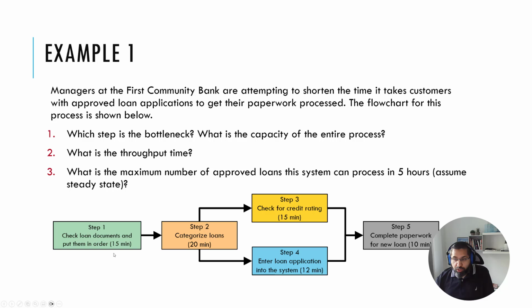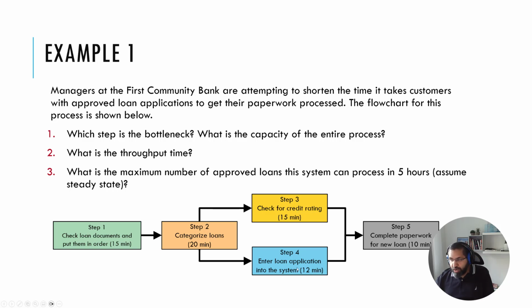Capacity of step 1 is 1 over 15 units per minute. But usually when I talk about capacity, it's in units per hour, so we can multiply that by 60 minutes per hour. So 60 divided by 15, or 4 units per hour, is the capacity of step 1. Step 2 capacity will be 60 over 20, or 3 units per hour. Step 3 would be 4.